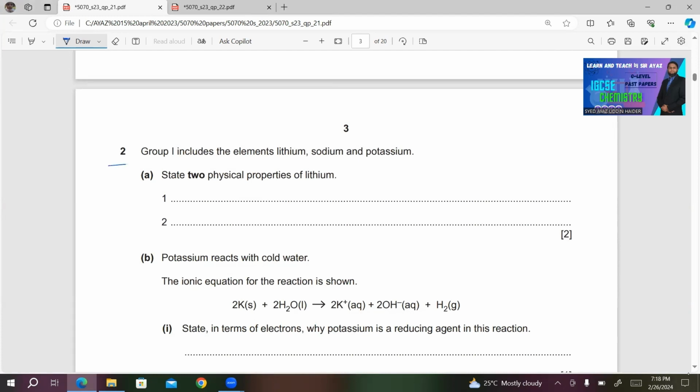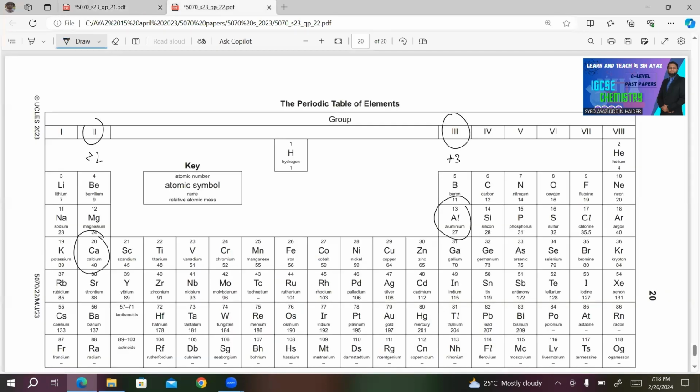Question 2. Group 1 includes the elements lithium, sodium, and potassium. A. State 2 physical properties of lithium. Now, here we have group 1 metals. This is group 1. We have lithium, sodium, potassium.